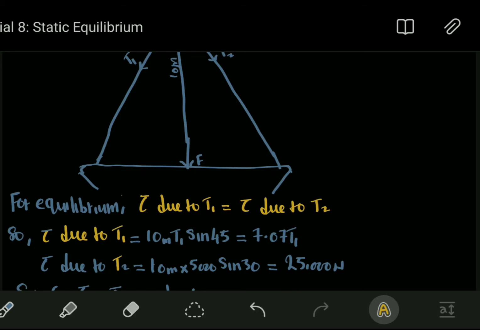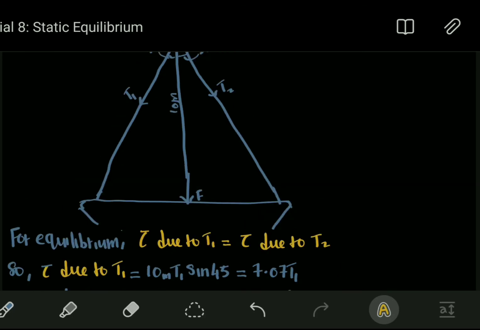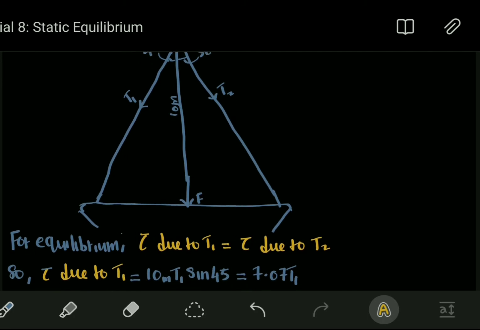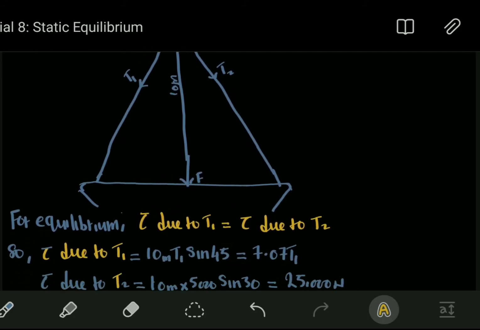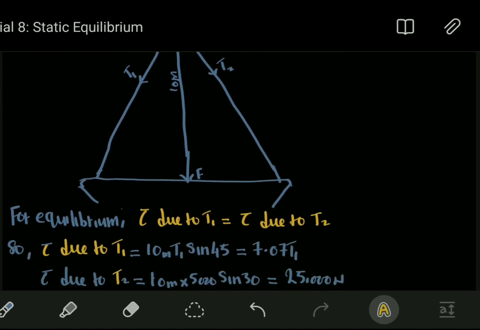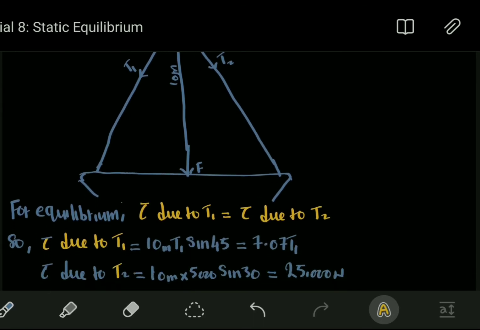Okay, therefore we can say the torque due to T1 equals 10 meters times T1 sine 45. Okay, 10 T1 sine 45. All right, so therefore we have 7.07 T1.